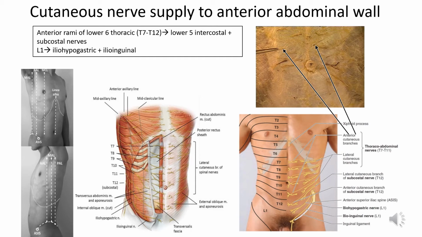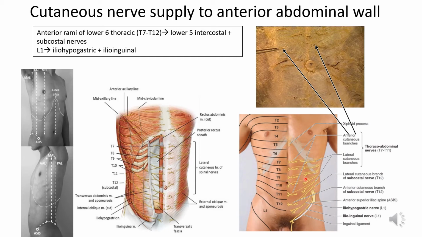Cutaneous innervation of the anterior abdominal wall by the 7th to 11th intercostal nerves, subcostal nerve, and L1 is represented by a series of oblique band-shaped dermatomes. The dermatome corresponding to the 10th intercostal nerve is at the level of the umbilicus.